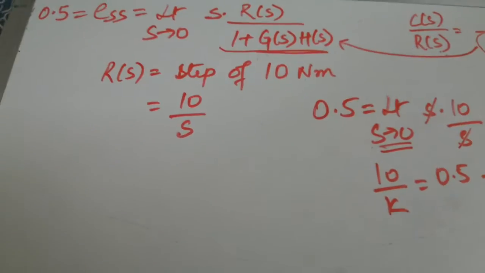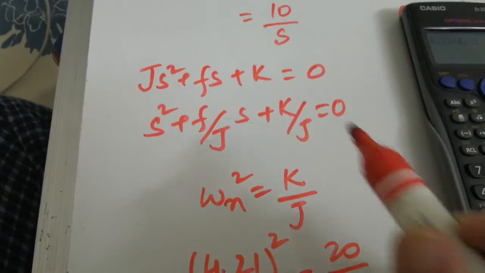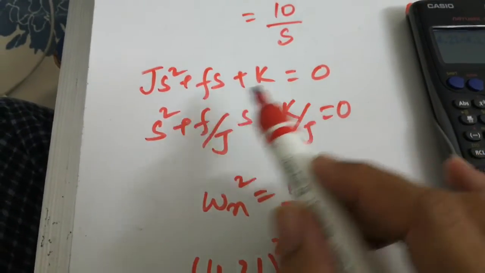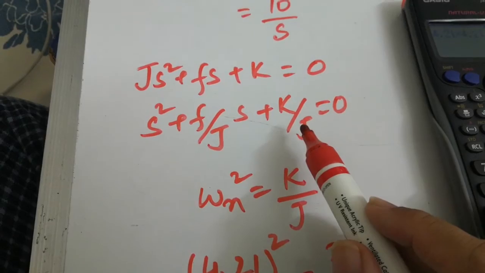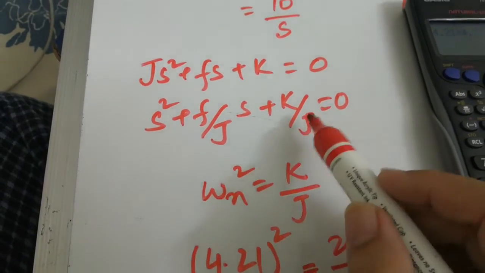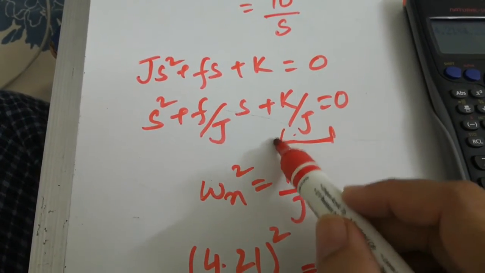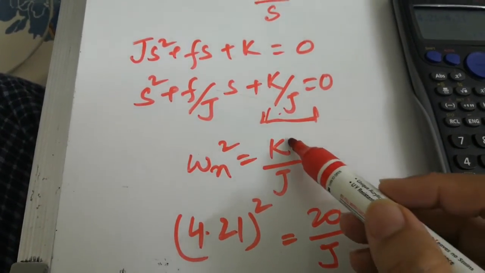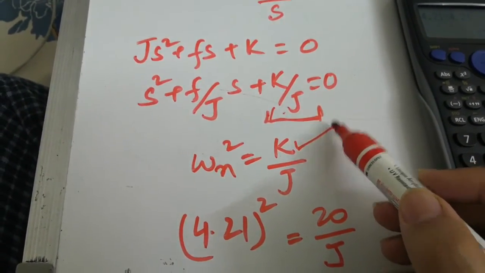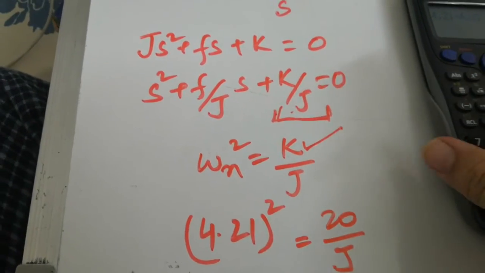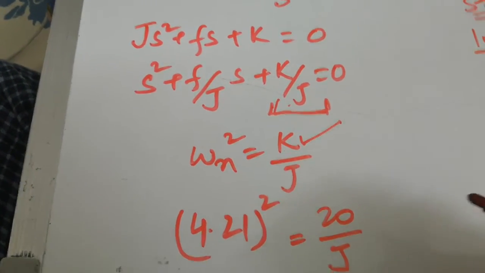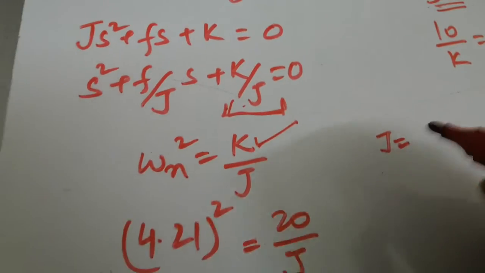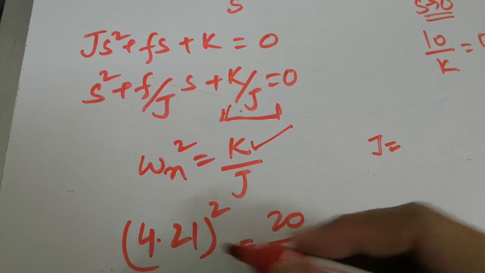Now we are going to find out our other values. I have taken the characteristic equation in its general form and then compared it with omega n square. So omega n square comes out to be K upon J. K's value we have just calculated as 20, so I have put the values here. Now we are going to calculate the value of J. J will go there and this will go down.